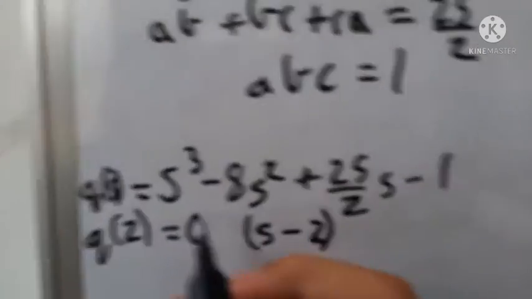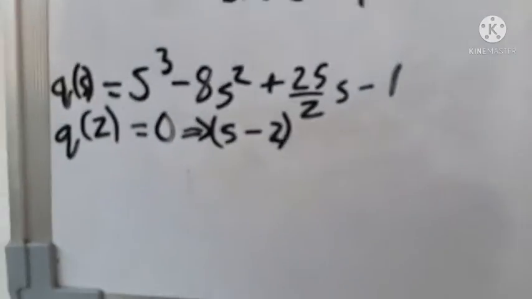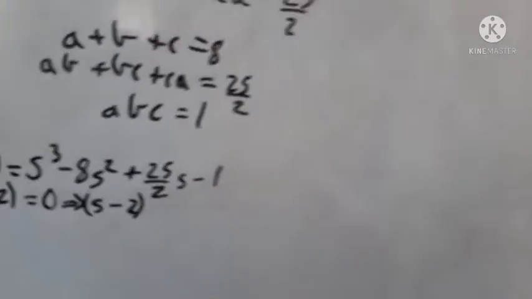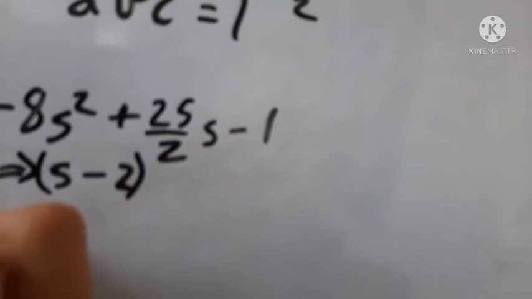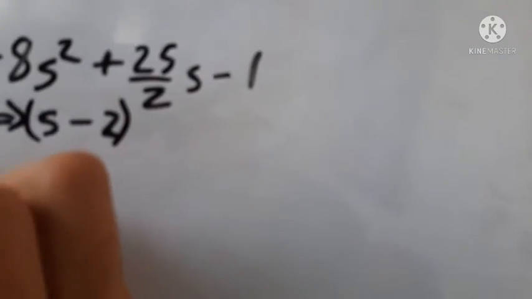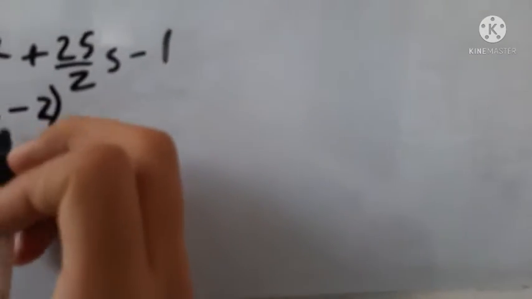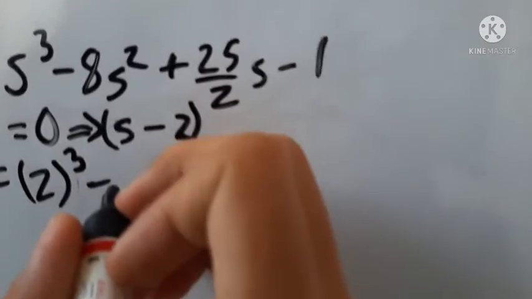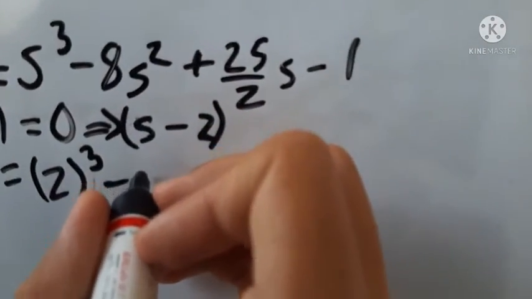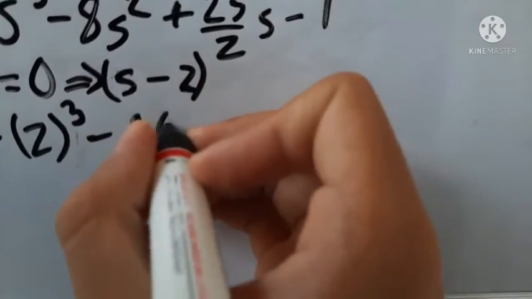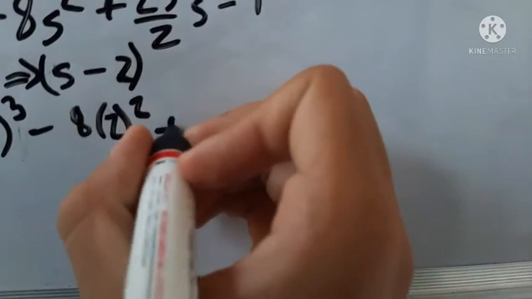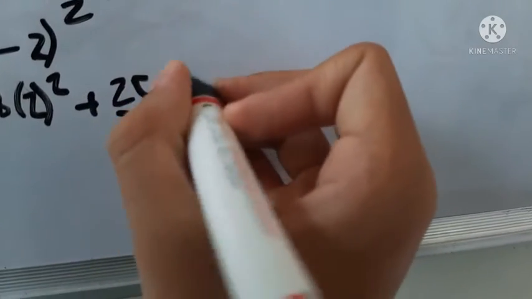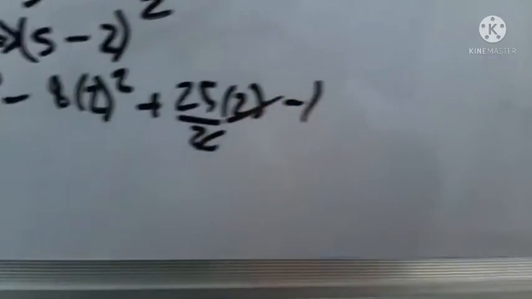Now let's check. That's 8 minus 8 times 2 squared, 25 over 2 times 2, these cancel out, minus 1.